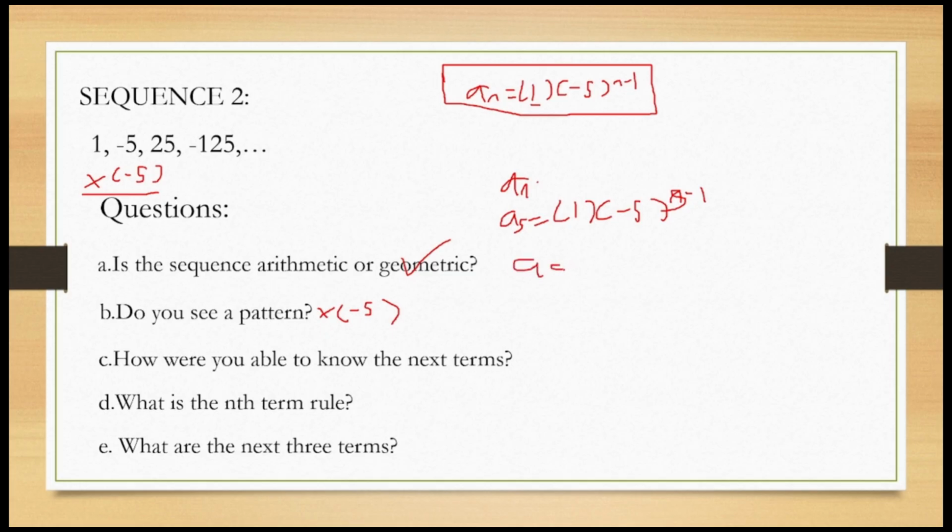So a5 equals 1 times negative 5 raised to the power of 4. So a5 equals 1 times 625. So the fifth term would be 625.